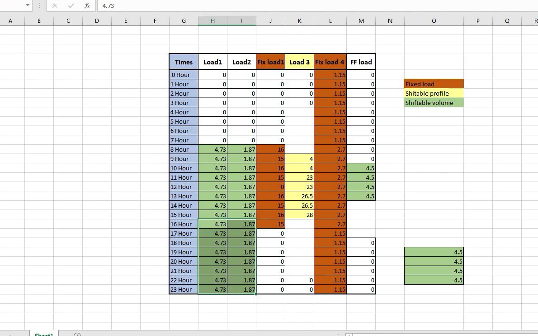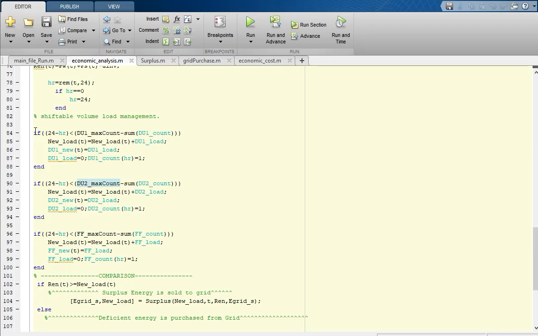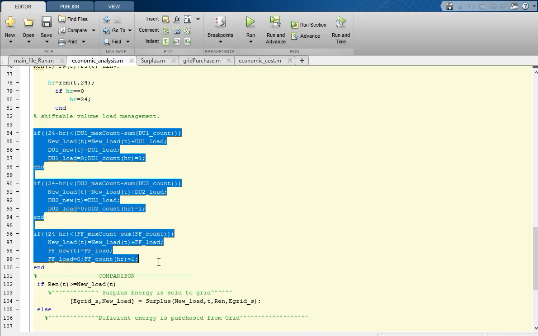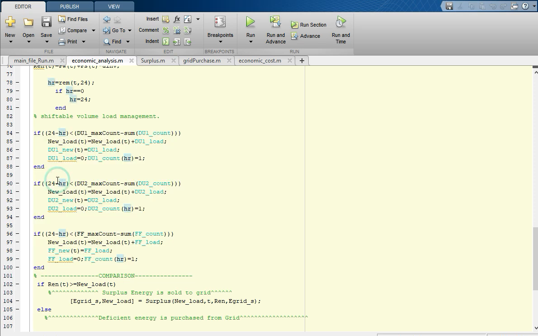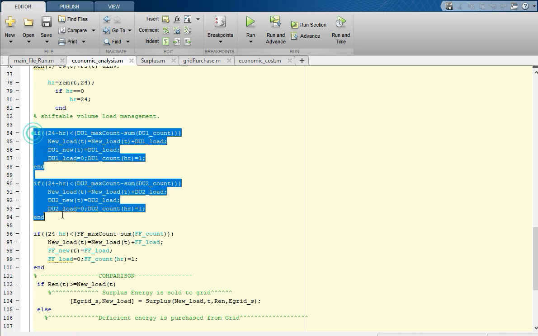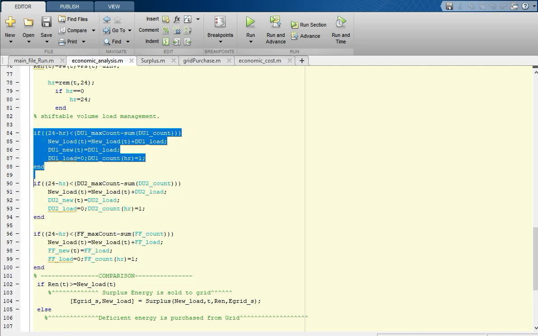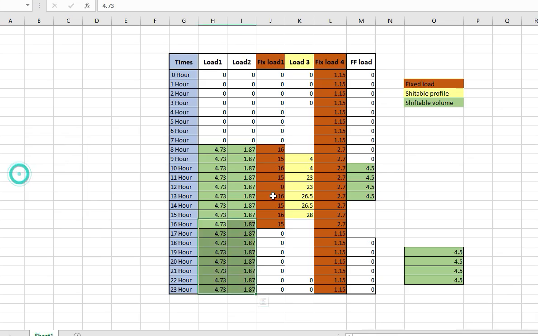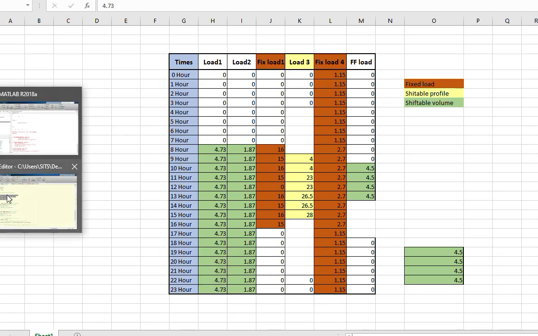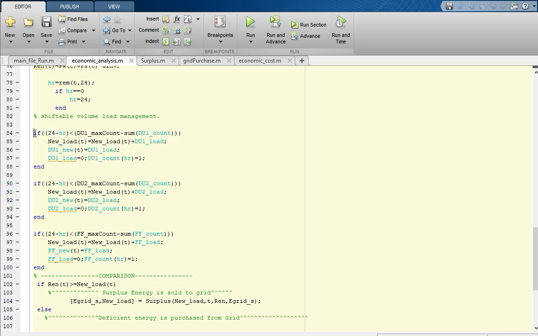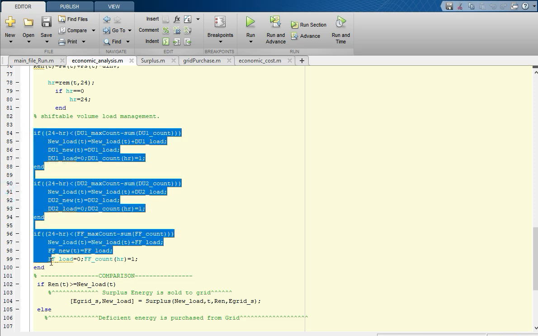So in these three sections, for DU1, DU2 and FF, we are only checking that if the remaining time is less, and more hours are needed, this FF load or DU load or DU1 load has to be operated. So we are ensuring all these parameters in this one. So the operational time is ensured for each load in these three sections, the 1st section, 2nd and 3rd section.